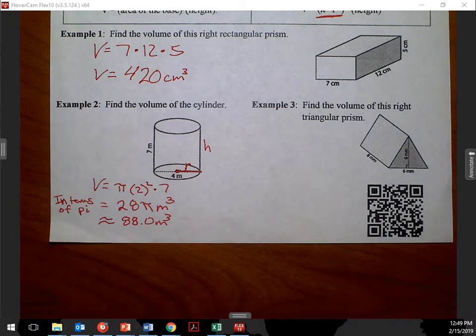Okay. Now, let's take a look at example 3. Find the volume of this right triangular prism. First thing, we have to decide what is going to be the base and what is going to be the height. When I'm looking at this one, for the base you want to have the oddball shape, the odd shape out, so you can make sure you're doing it right.